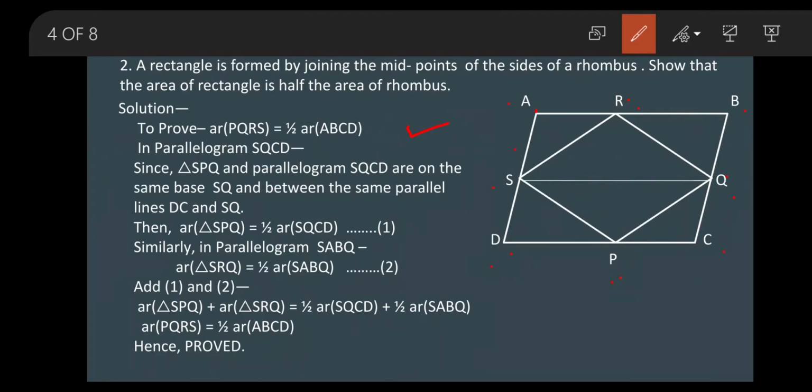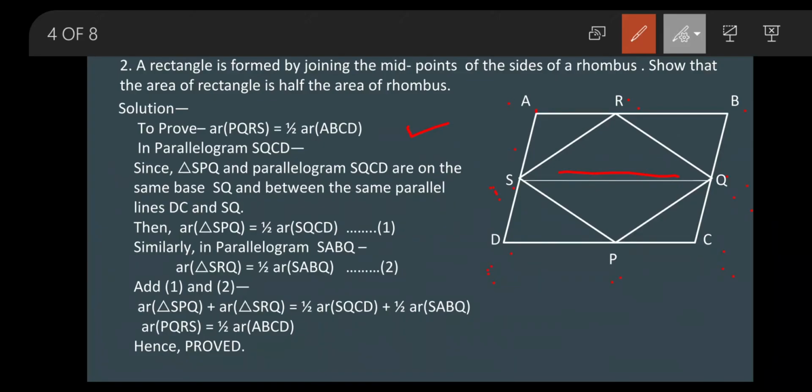We know that if a parallelogram and a triangle are on the same base and between the same parallel lines, then the area of the triangle is half of the area of the parallelogram. So in parallelogram SQCD, triangle SQP and parallelogram SQCD are on the same base SQ and between the same parallel lines SQ and DC.